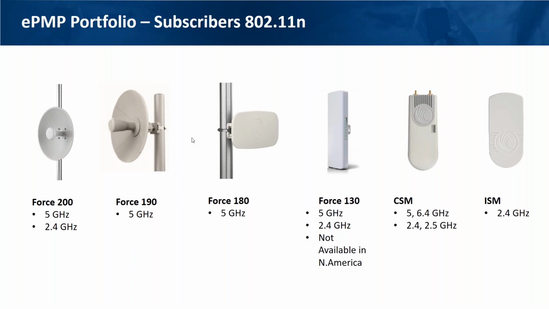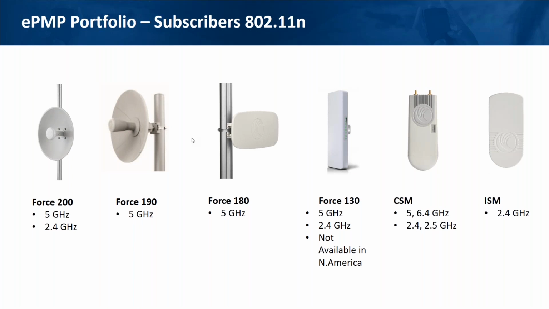Question about why the Force 313L and the Force 130 are not available in North America. Really, at this point in time, it's a matter of cost. The FCC out-of-band emissions requirements, which Industry Canada follows closely, require extra hardware filters to be put onto the board. So it's an actual physical filter that's required on those products. That is absolutely the difference today.